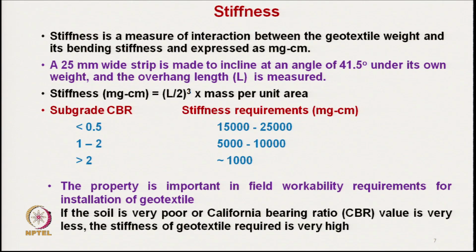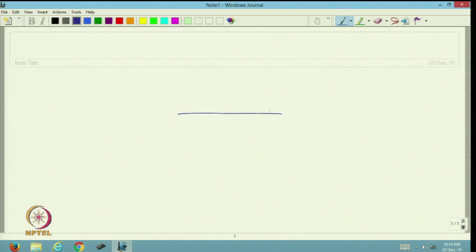But for geotextile, stiffness is extremely important for application with different types of soil. Now, the measurement technique of stiffness is similar to that of apparel textile. Here a stiffness tester like the Shirley stiffness tester can be used.